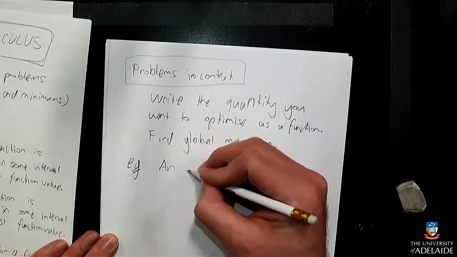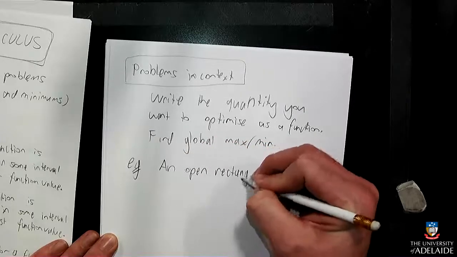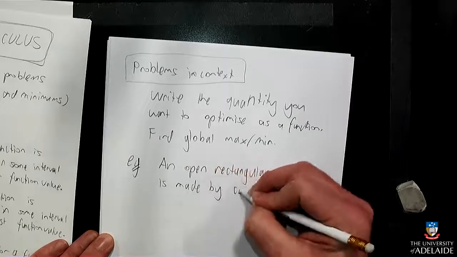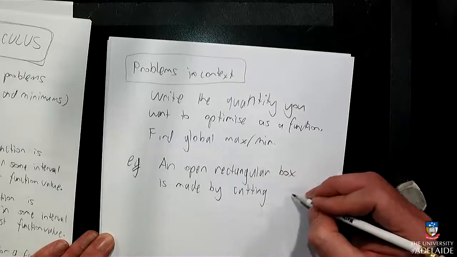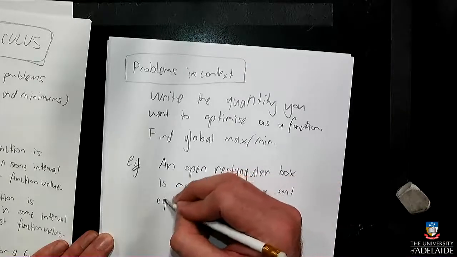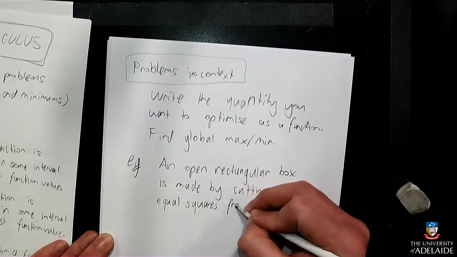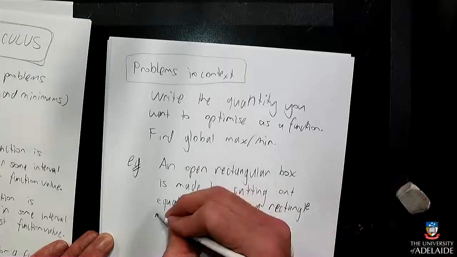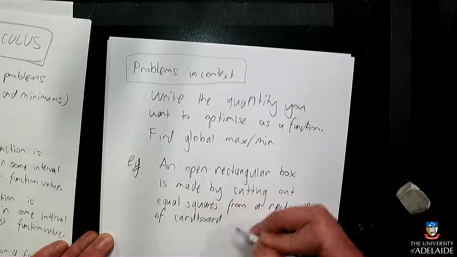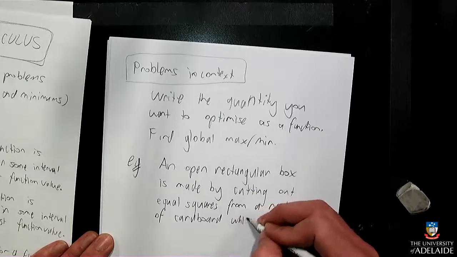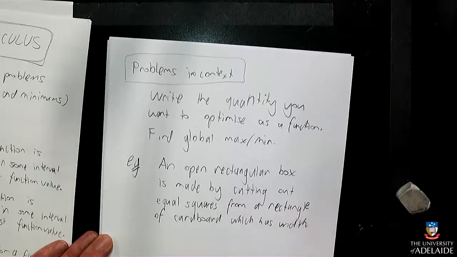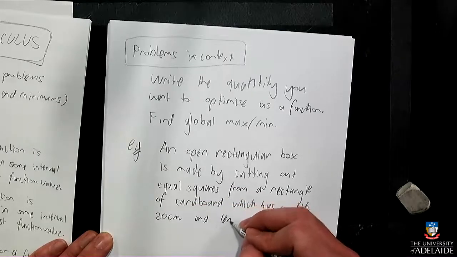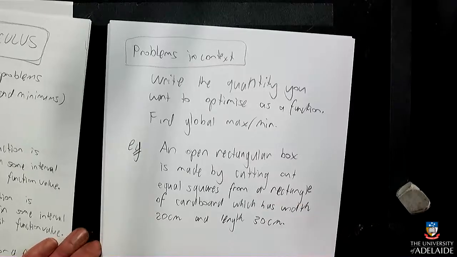So, an open rectangular box is made by cutting out equal squares from a rectangle of cardboard which has width 20 centimetres and length 30 centimetres.